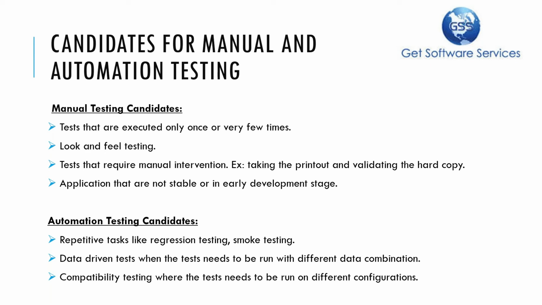You can automate it. Or compatibility testing, running this test on a variety of browsers, platforms, that is operating systems, and a variety of devices. If you have to test on different smartphones that are available, tablets, smartwatch, so you have to test on a variety of devices. That is where automation is helpful.